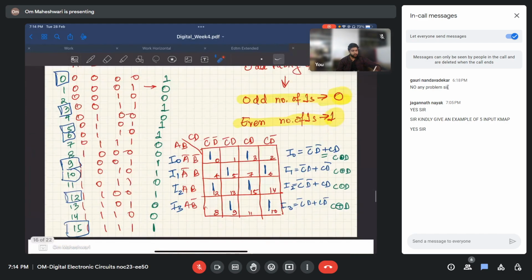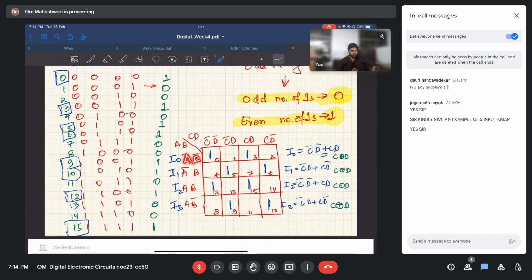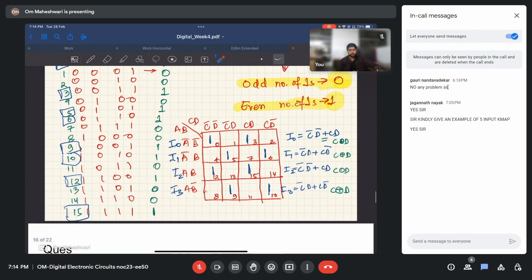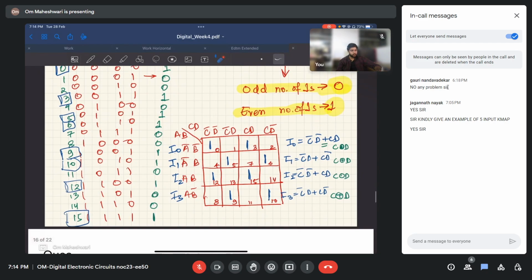The select lines will tell us what the inputs are. When it is A bar B bar, the input will be I0. When it is A bar B, the input will be I1, and so on. So we just tell what should be I0. I0 should be C bar D bar plus CD depending on these ones, and we write it for all four of them. And this is XNOR, this is XOR.